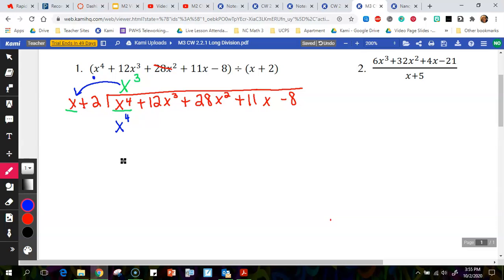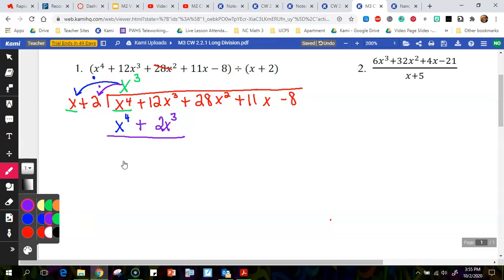And if you don't get the same thing here for the blue part as you do the red, then you've done something wrong. And then I'm going to multiply the x cubed times 2. And that goes here. So plus 2x cubed.